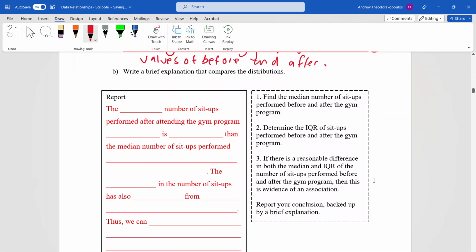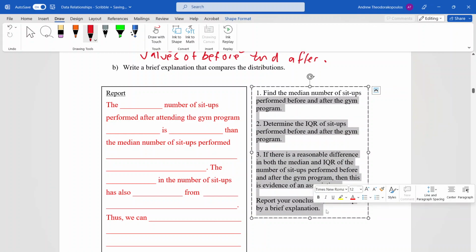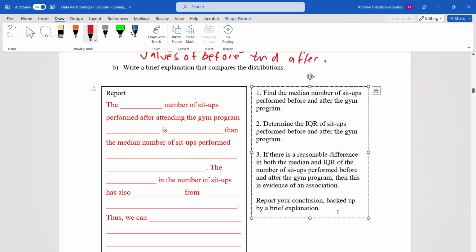So what we're going to do is we're going to write a brief explanation that compares the distributions, and it's sort of broken up. I'm trying to make your life a bit easier, not getting you to copy down as much, but we still need to sort of follow this sort of guideline here. So the first thing is find the median number of sit-ups performed before and after the gym program. So the first sentence is the median number of sit-ups performed after attending the gym program.